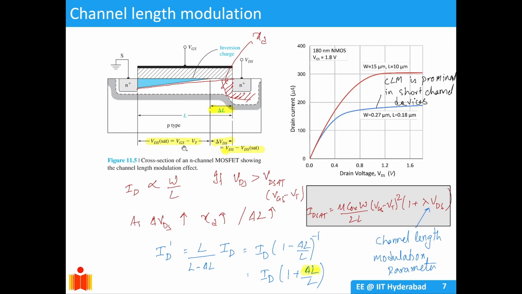But in short channels, the channel length modulation is very pronounced, and hence we have a high increase in the saturation current, and the saturation current becomes mu Cox W by 2L (VGS minus VT) whole square into (1 plus lambda VDS), where lambda is your channel length modulation parameter.